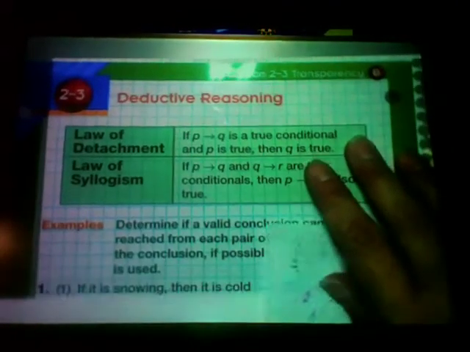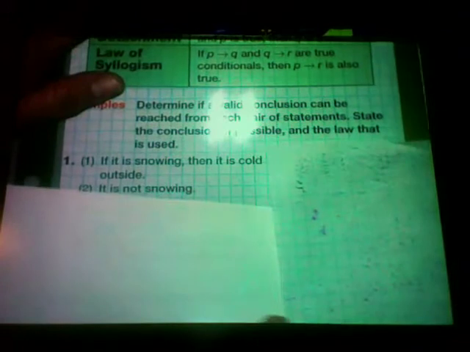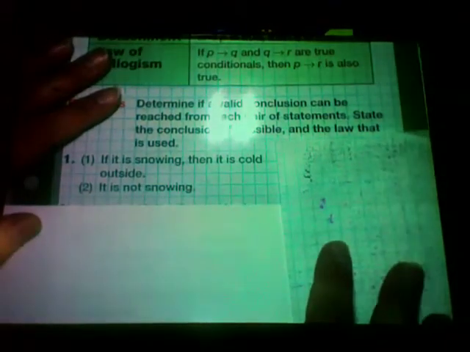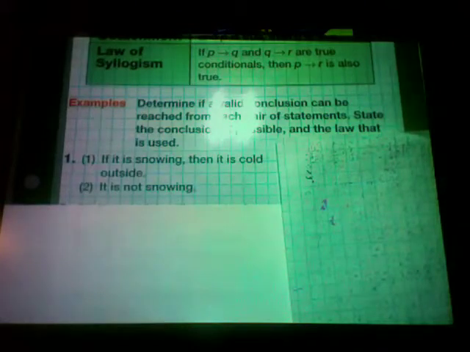First question. First of all, you're going to be given two statements. You have to determine, are they two conditionals or a conditional and a partial? Is that two full conditionals? Well, first of all, if it is snowing, then it is cold outside. You have to accept that as true. So it's not snowing. Can you make a conclusion from that?